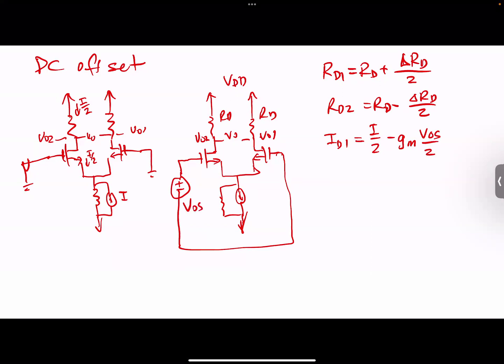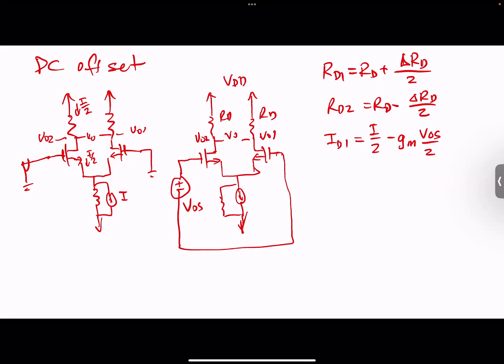What we are doing here is applying a DC voltage between this one and this one. So this is not a common mode input anymore, but it is also not a differential input. A differential input always means a small signal, AC, so it will be equally divided between the input and output.